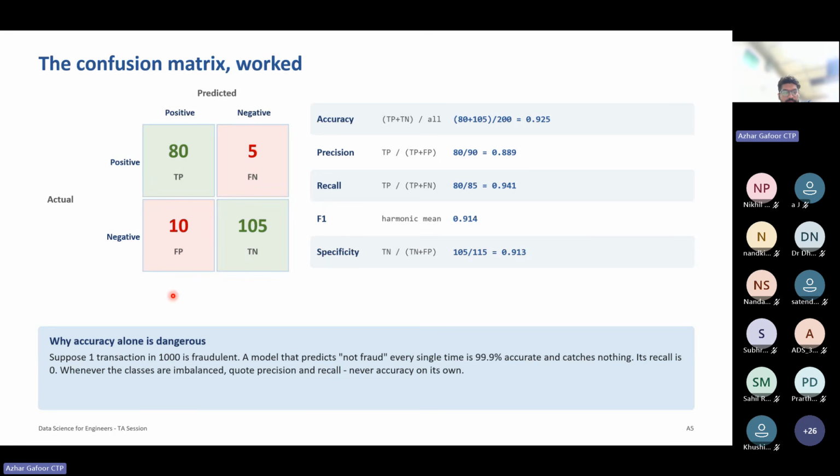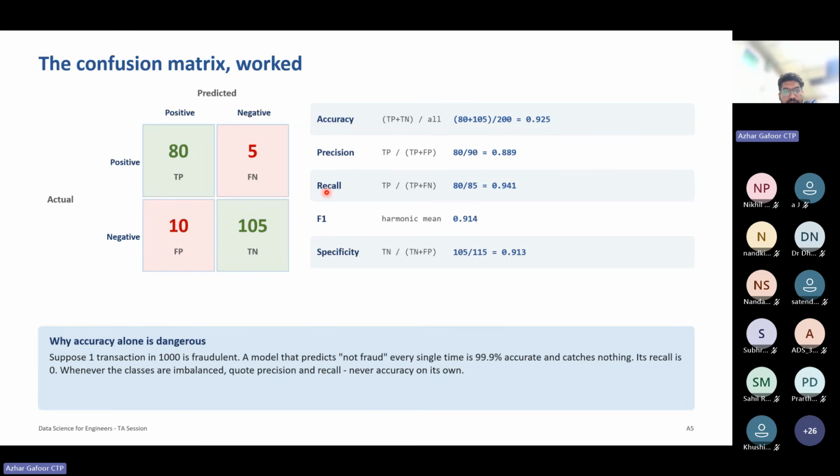So here we have numbers and examples. The accuracy is given by true positive plus true negative divided by all. The accuracy is pretty high here, 0.925. Then precision is given by true positive divided by true positive plus false positive, so it's 80 by 90.